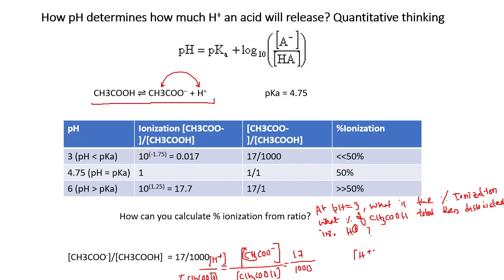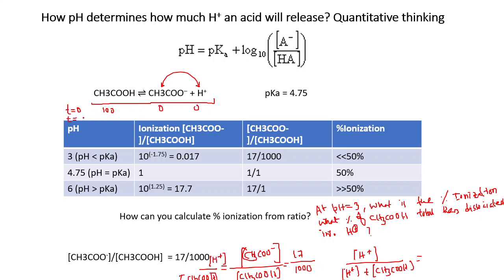See, this 17 H plus must have come from this CH3COOH. So if I add them in the denominator, that would give me how many CH3COOH were originally there. Before this all happened, at time equals 0, there were 100 molecules of this and 0 molecules of this.